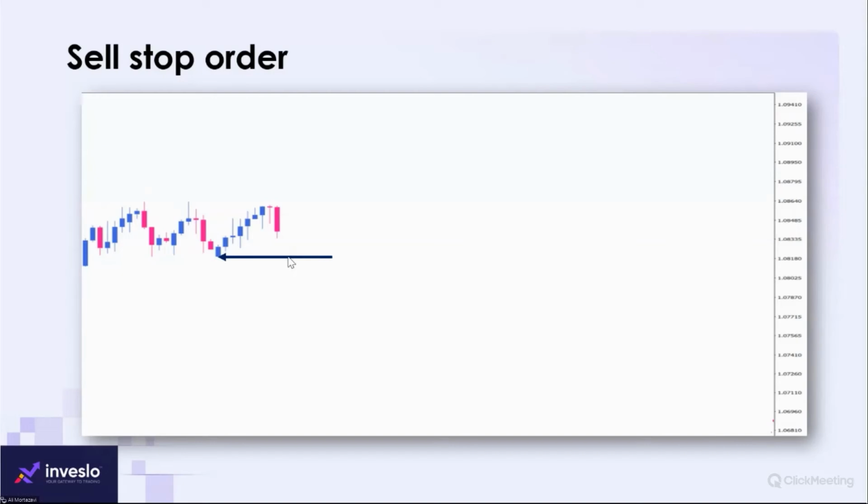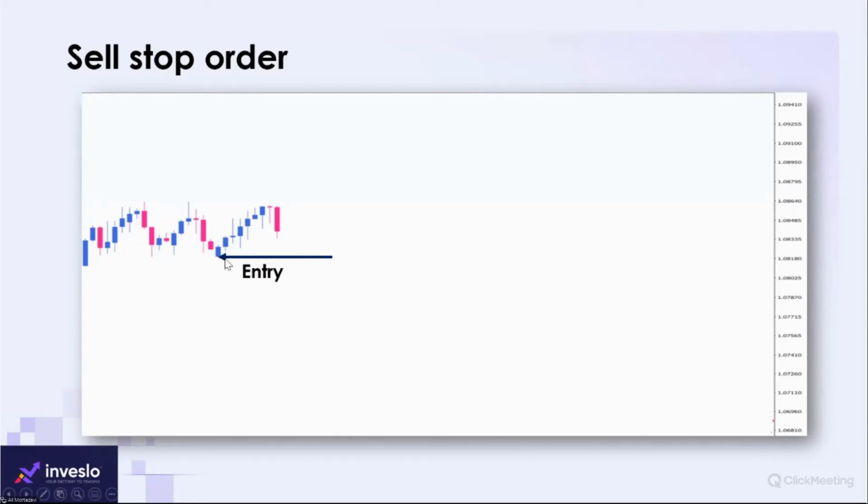So you want to set the stage to open a sell position, but right here at the current level, you are not sure if the price is going to break this level. So you can consider this range support here, and you may place your sell stop order a bit below this level, to be sure that if the market breaks below this important support level, there might be a new downtrend emerging in the market.